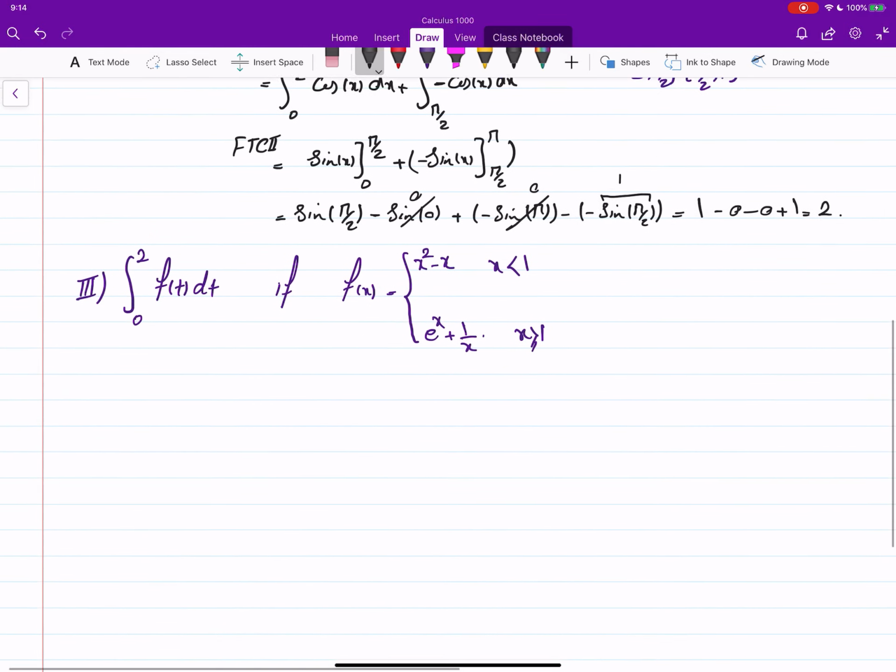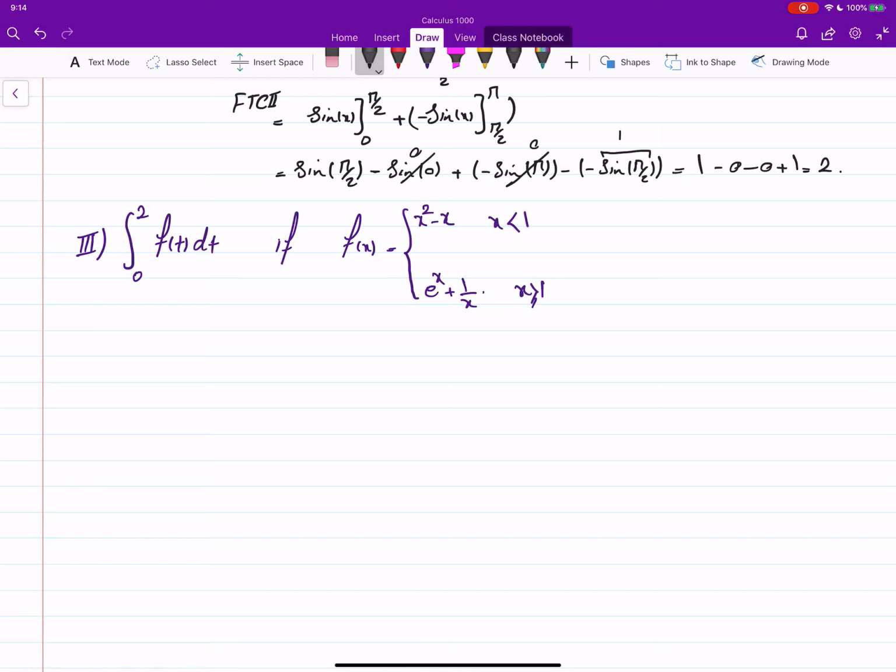And the last example, we have a piecewise defined function, and now we want to integrate from 0 to 2. When it is this interval, we don't know how to deal with it because each piece has its own antiderivative. So the first thing to do is to break the integral into 2 pieces such that I can use each one of these formulas given for f on the separate integrals.